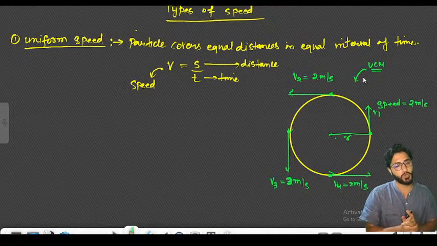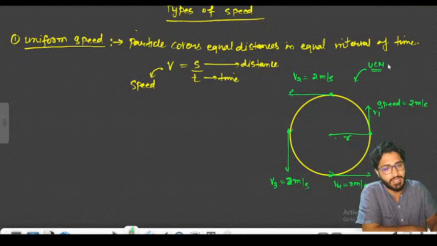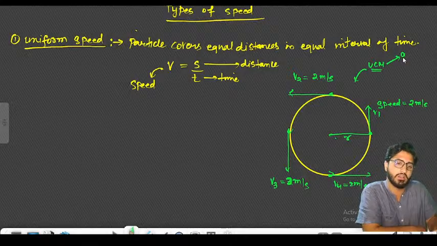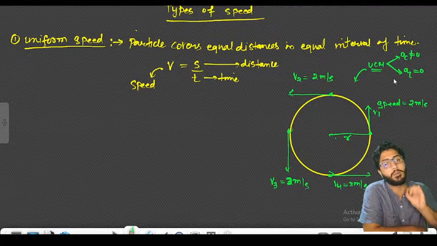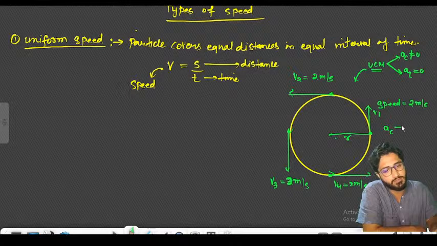In uniform circular motion, the speed of the particle is the same throughout. Speed, not velocity. Speed is the same, velocity is different. And we know that in uniform circular motion, only centripetal acceleration is present, and tangential acceleration equals 0. We have two components of acceleration.